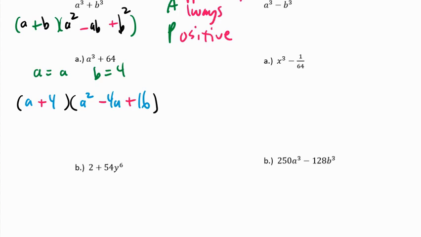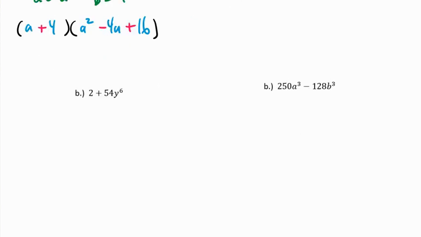For b, 2 isn't a cube, 54 is not a cube. But there is a GCF of 2, so I'll take out a 2 first. Now I got cubes. 1 is a cube, 27 is a cube, y to the 6 is a cube. So now I can factor it as a sum of cubes. Start with my signs.